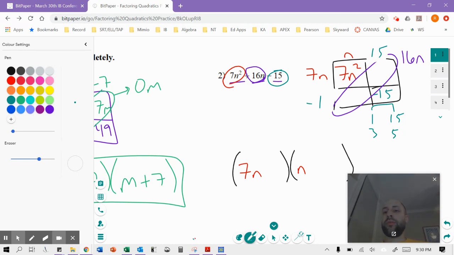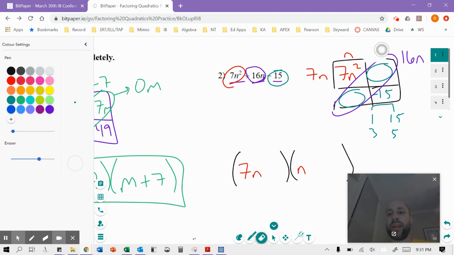But if I think through, this and this added together are not going to give me anywhere close to 16n. So 7 times 15, let's see, what is that, 105? 105 plus negative 1? No, it's not even close. If I flip those signs around, if I made this positive and this negative, that's not going to get me anywhere close either. So I know it's not 1 and 15, basically, at this point.